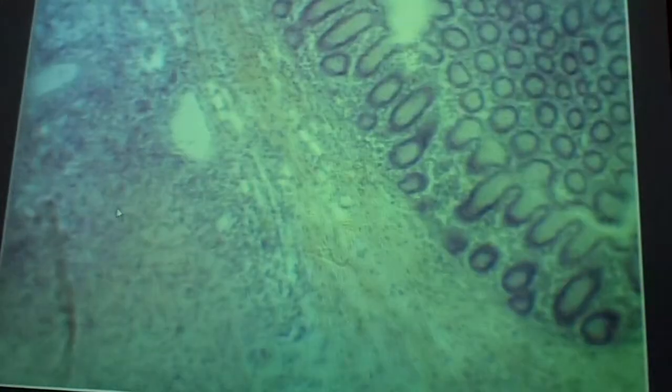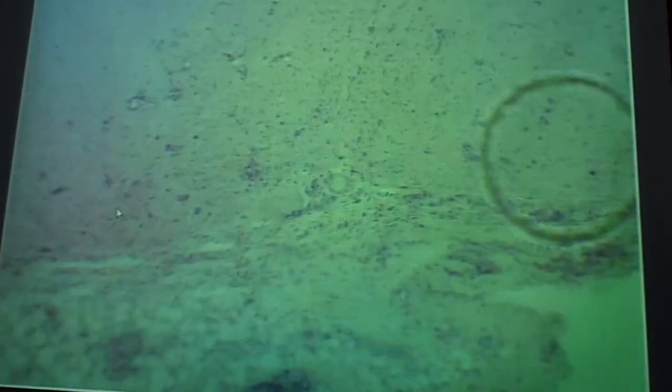Mucosa again here. This is submucosa. And here are your muscle layers.